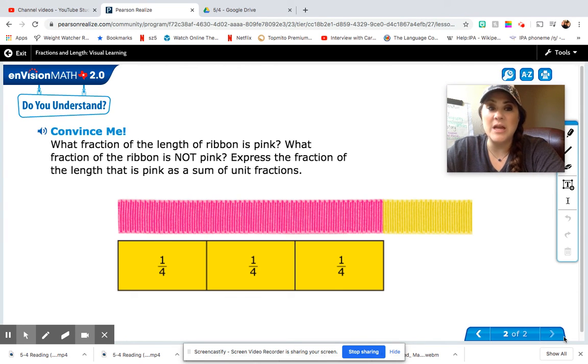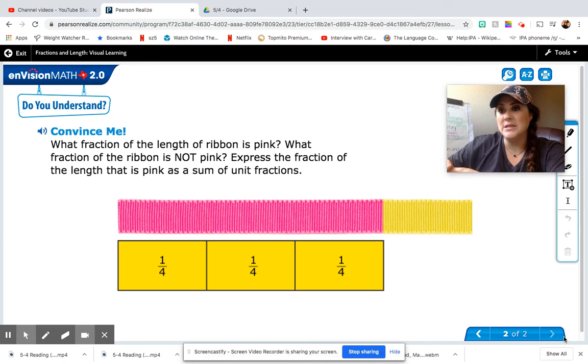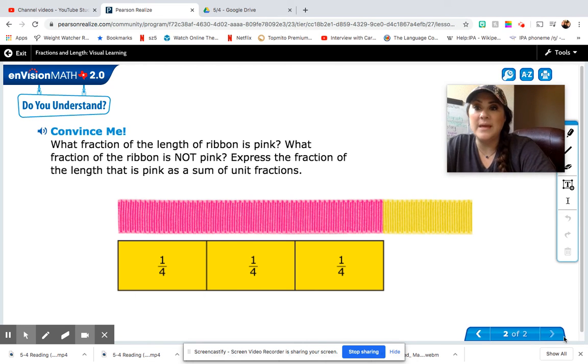Express the fraction of the length that is pink as a sum of unit fractions. So you have to determine, based off of that denominator, how many equal pieces this ribbon's divided into. Well, based on that denominator, I can see that it would be 4. So our unit fraction is that this ribbon is divided into fourths, or 1/4.